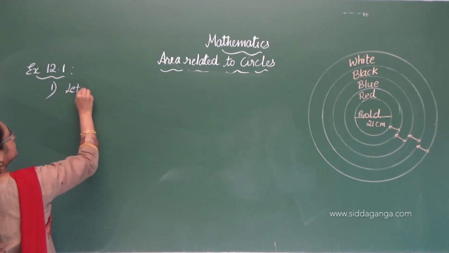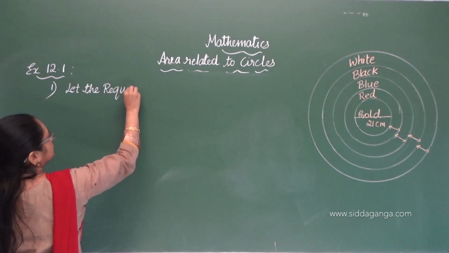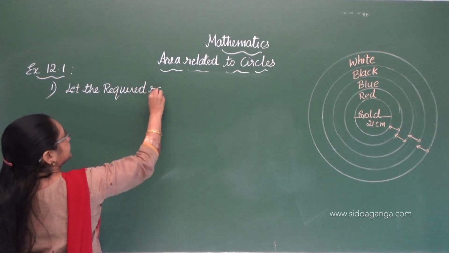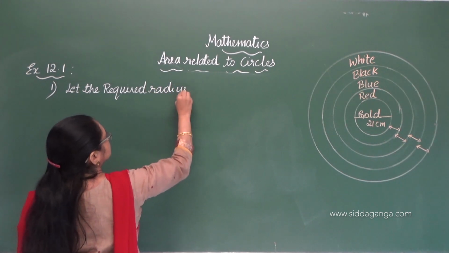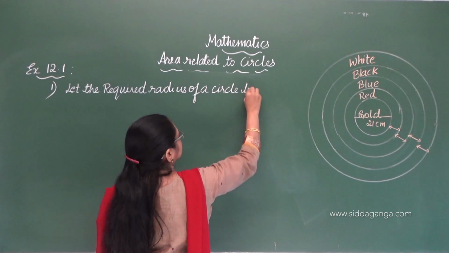Let the required radius of a circle be r.